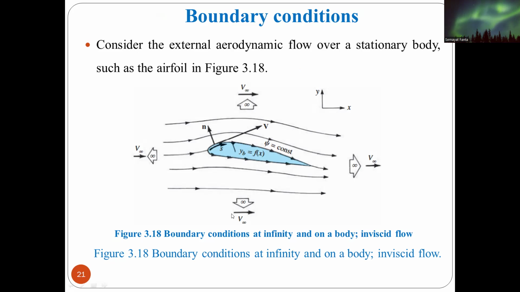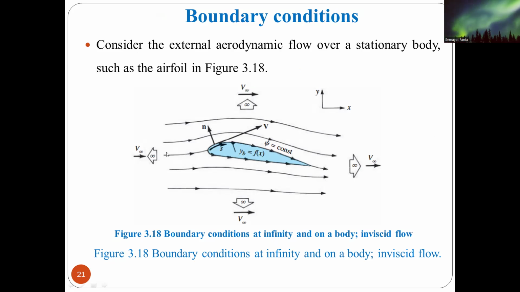So this figure illustrates the boundary condition at infinity on a body. For example, the pressure and the velocity at this point, the tangential velocity is there. The normal component of velocity is not considered; it is considered zero. And we take this region that is far away from the front or far away from behind of this aerofoil, or somewhere above and somewhere below.